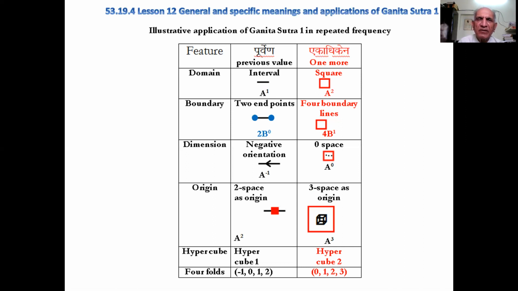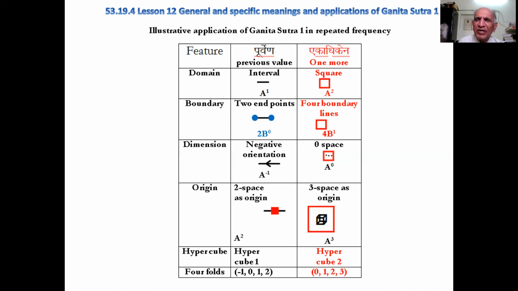If we take the feature domain in respect of interval, then under the rule of Ganita Sutra 1, it will take us to the domain of square. The feature boundary in respect of interval, as a pair of endpoints, will take us to the four boundary lines of square.